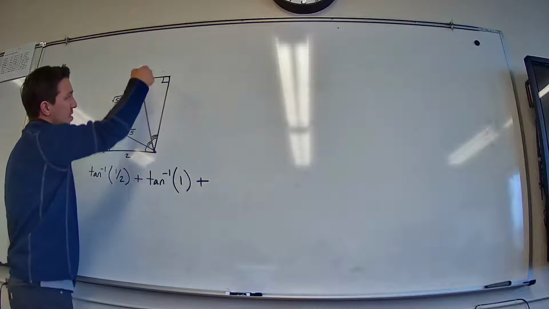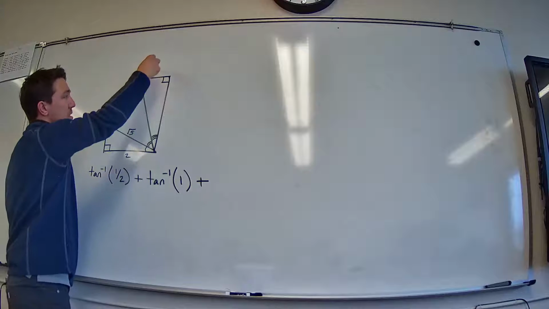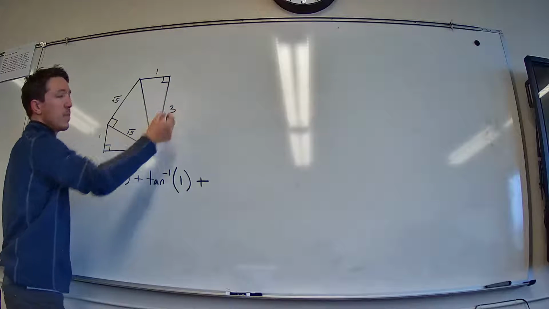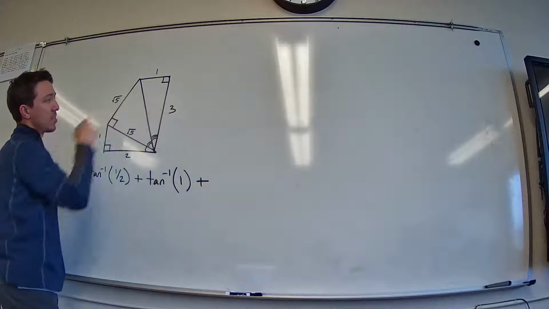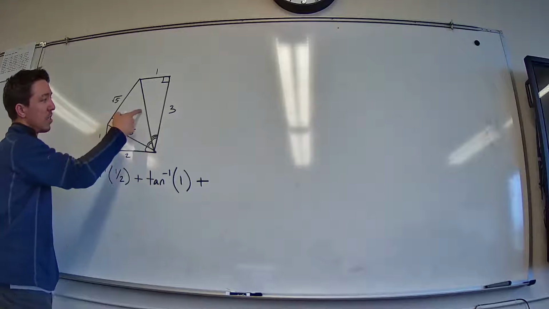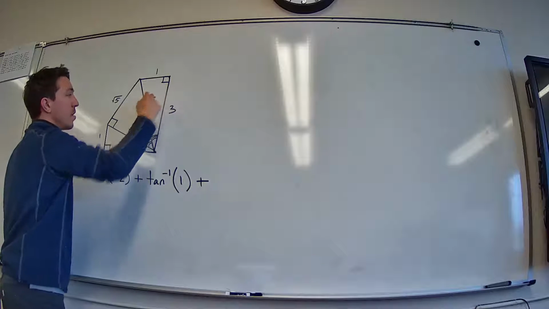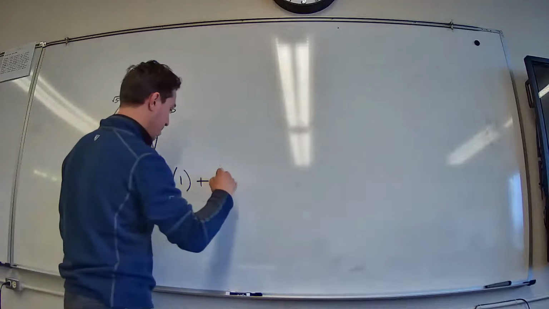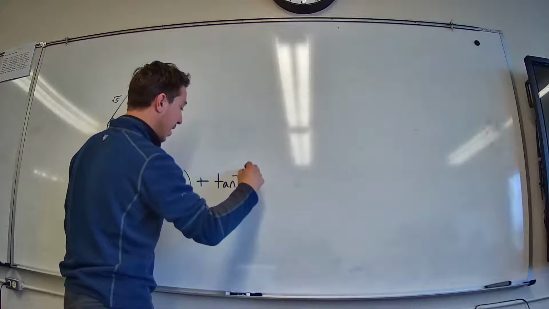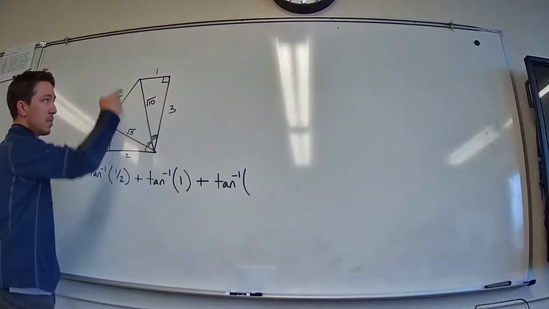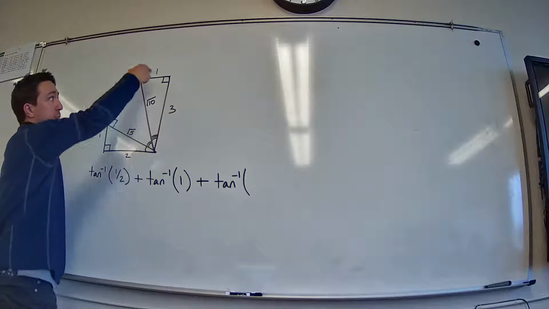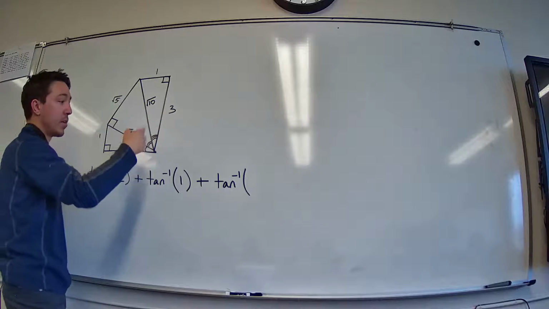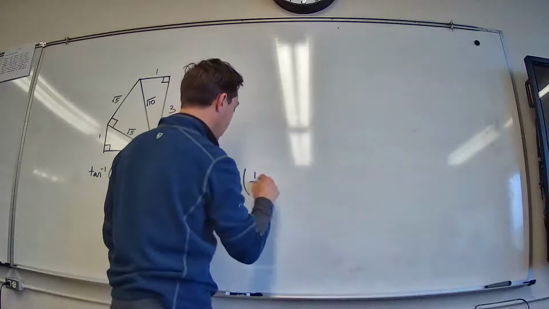And then the third one, how big are these? 1 and 3. And how big is this? Square root of 10. Are we okay with that? So the angle has a tangent of 1/3, so I can describe the angle as the inverse tangent of 1/3.